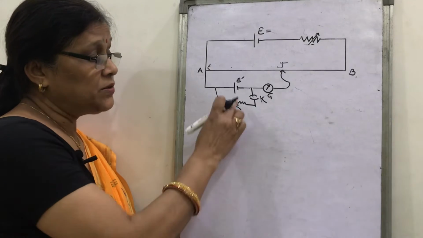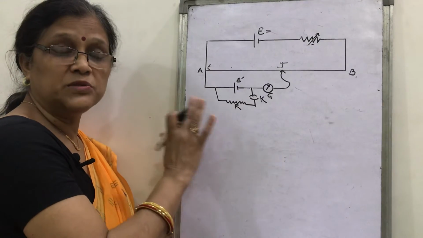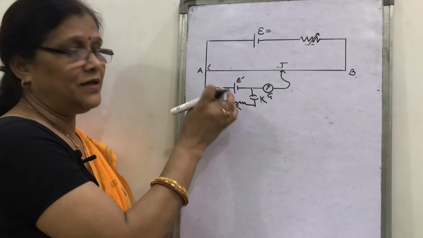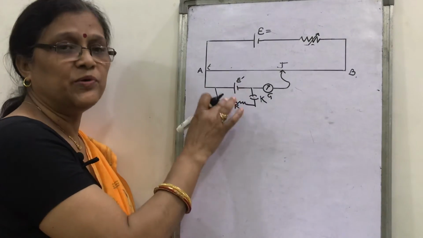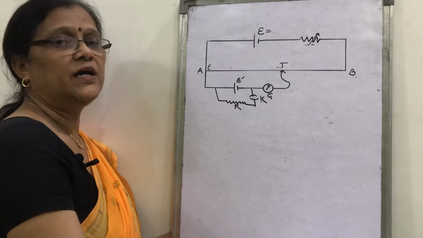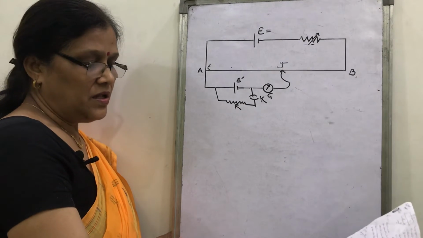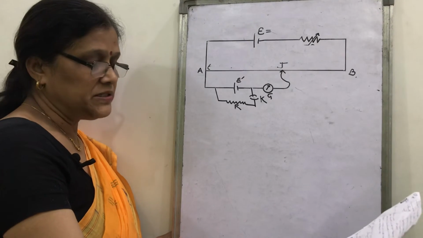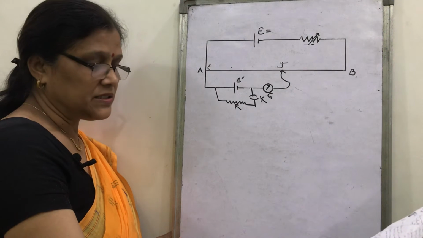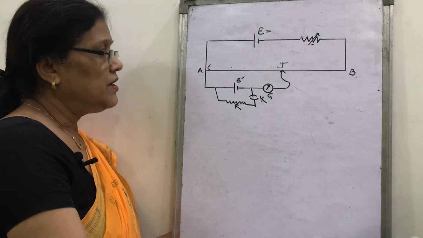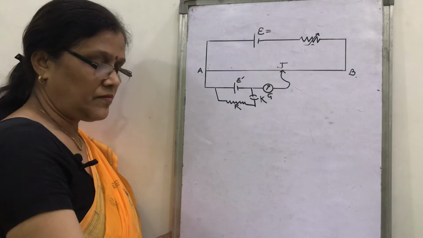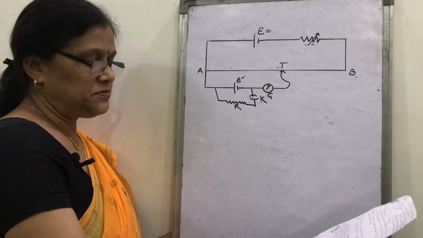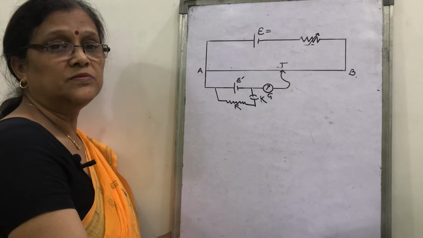In the first case they are connected in such a way that they are supporting each other, and in the second case they are opposing each other. The balance points are obtained at 50 centimeter in the first case and 10 centimeter in the second case from the end A of the wire. Find the ratio of EMFs E1 to E2.